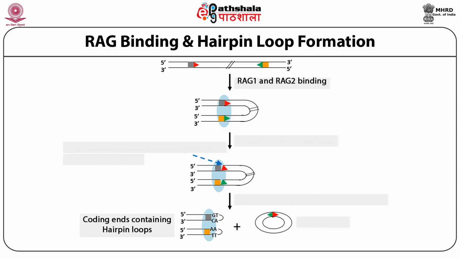These ends are held together by RAG in a post-cleavage synaptic complex or PSC. Note that overall, two coding joints and two signal ends are generated for each recombination event. The two signal ends generated in the process are joined by DNA ligase 4 to form a signal joint.